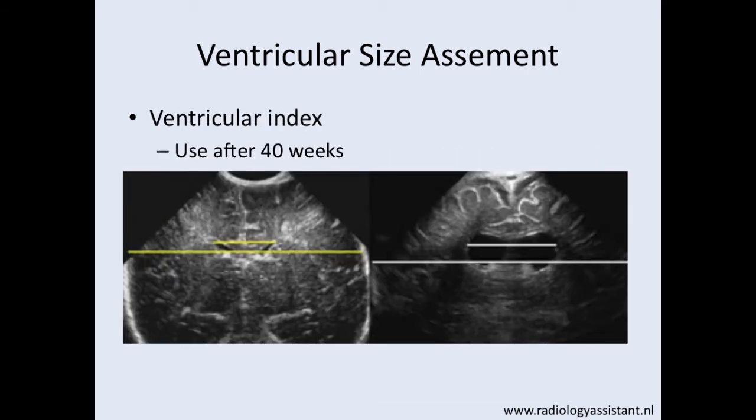Another measurement that we can use after 40 weeks of gestation, again taken from this website, is what's called the ventricular index, which is basically just a ratio of the distance between the most lateral aspect of the lateral ventricles compared to the overall side-to-side measurement of the brain. And you can see how when there's hydrocephalus, like in this case, that ratio will go up. The width of the ventricles in the hydrocephalic patient is significantly larger than in the normal patient.